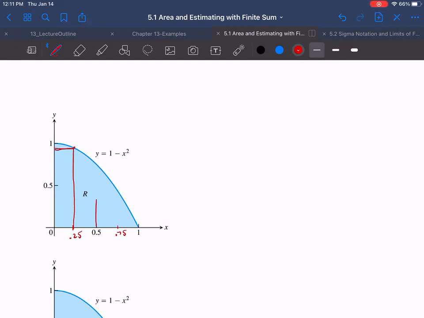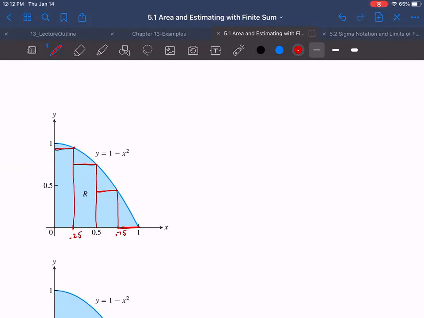And then I'll do the same thing here and here, and I'll make these into rectangles as well. Okay. And then of course on this last one, it's not really much of a rectangle there. So we're going to try and take this area that's lower, that's underneath this curve.